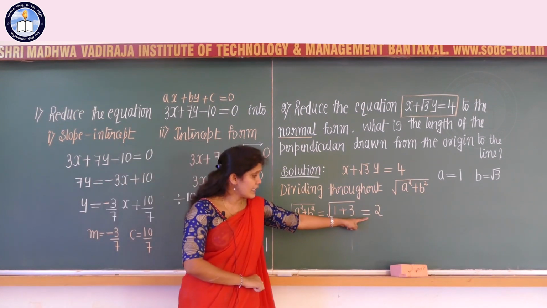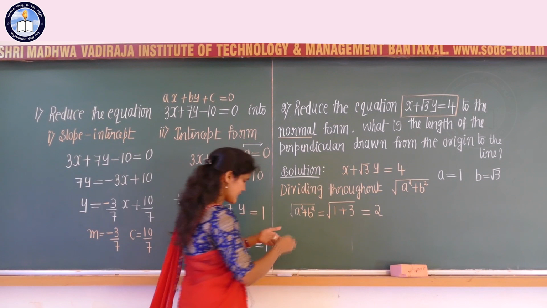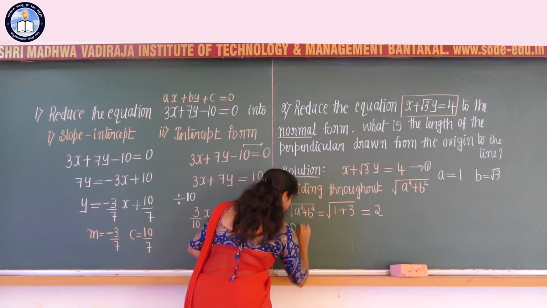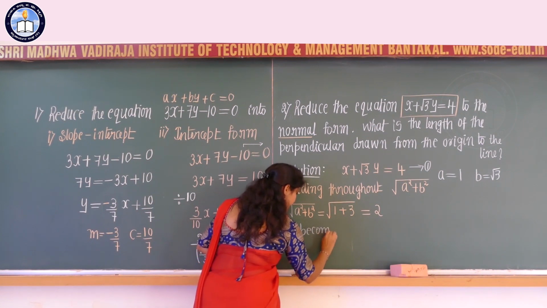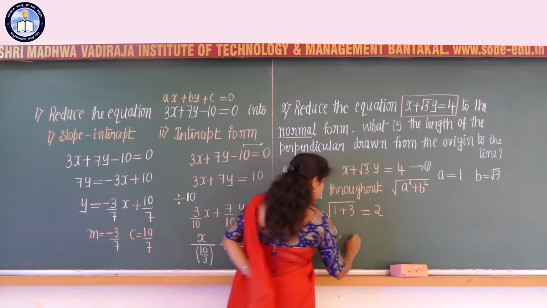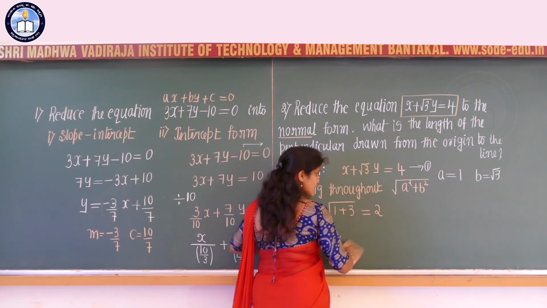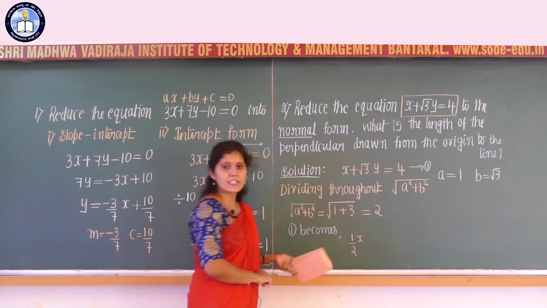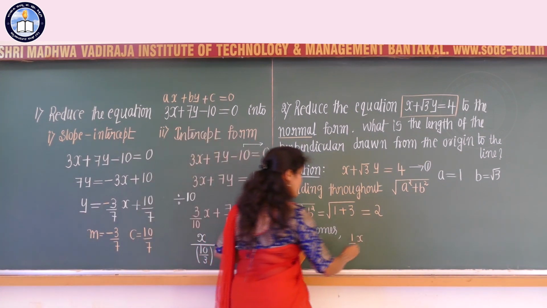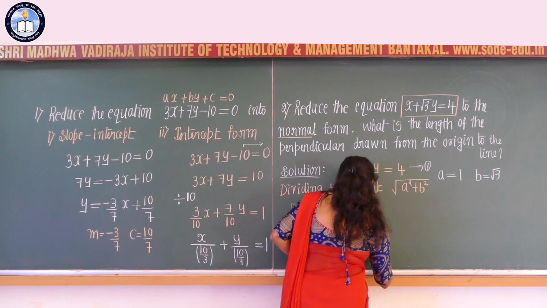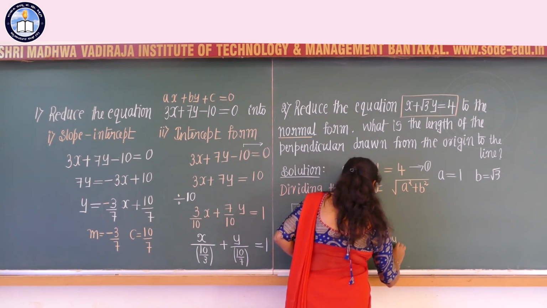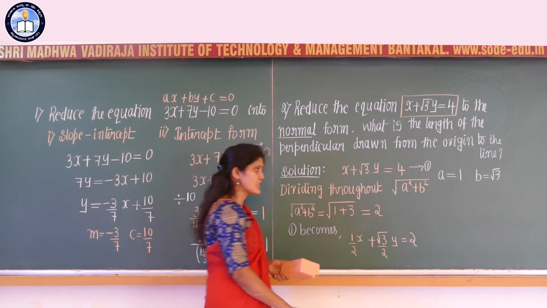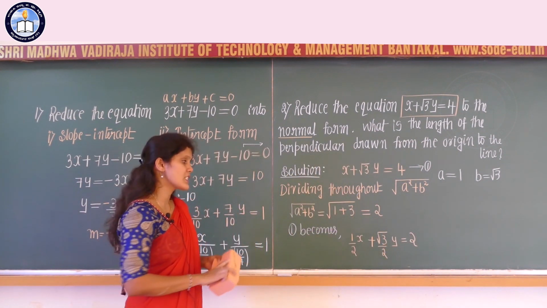So if we divide each term by 2, then equation 1 can be written as x by 2, that is 1 by 2 into x, plus root 3 divided by 2 into y is equal to 4 divided by 2, which is the constant 2.